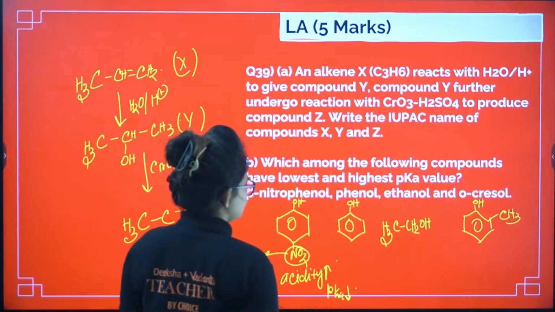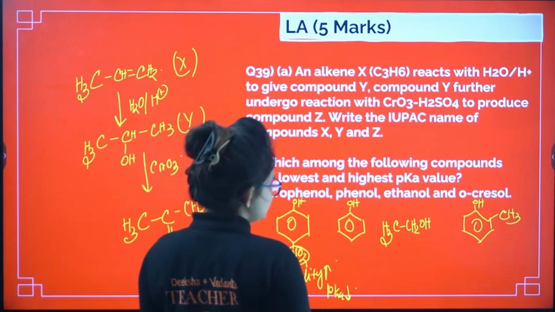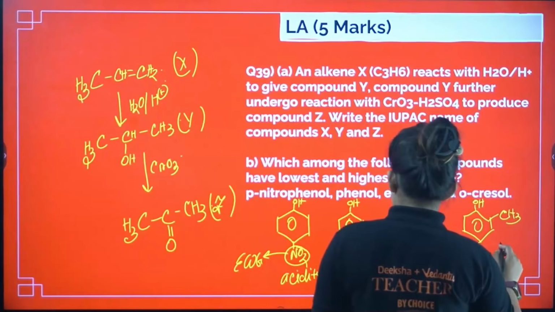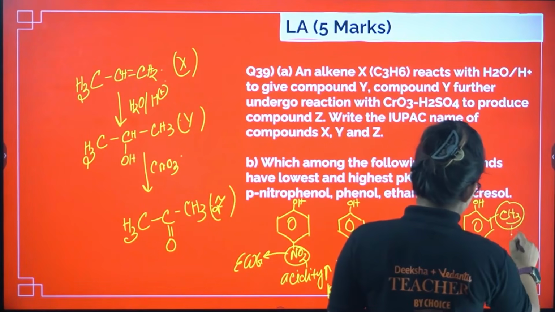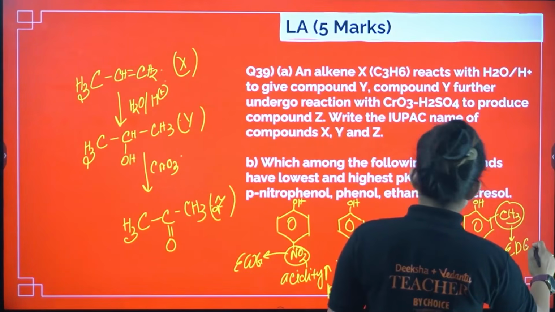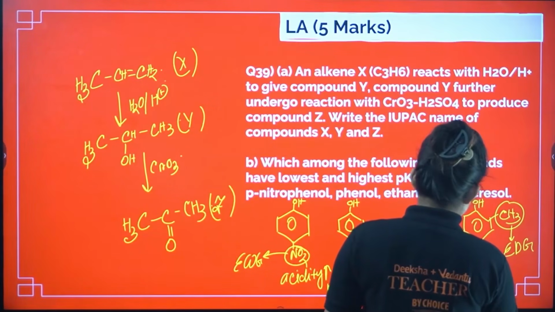pK is lowest here. Now next, if you just see this one, among these two, acidity will be low here because you are having one electron donating group. Here also one electron donating group. So here acidity will be low.